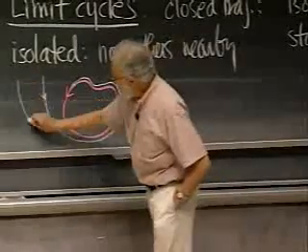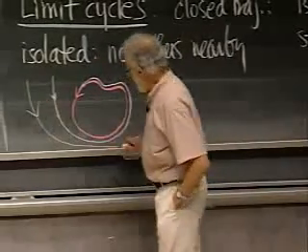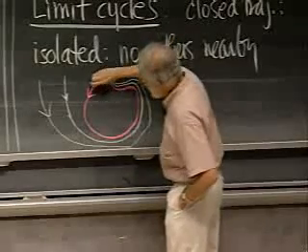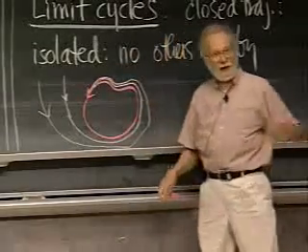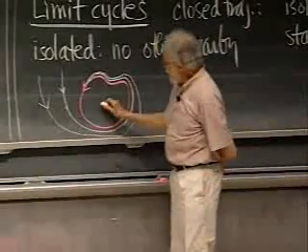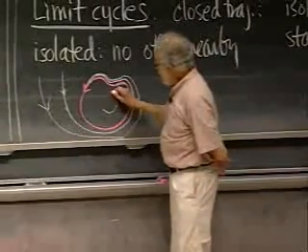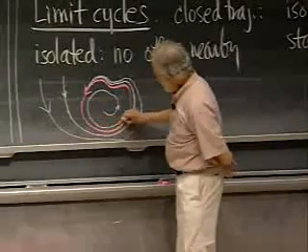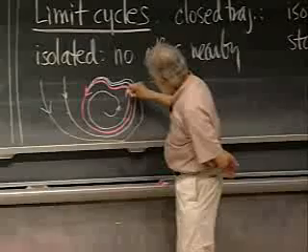And the ones that start further away will take longer to find their way to the limit cycle, and they'll always stay outside of the earlier guys, but they will get arbitrarily close too. How about inside? Inside, well, it starts somewhere, and it does the same thing. It starts here, and will try to join the limit cycle.